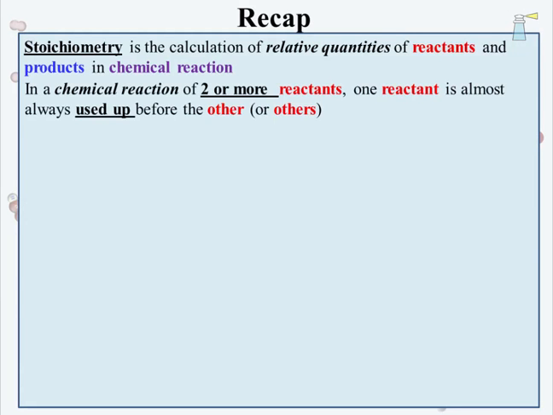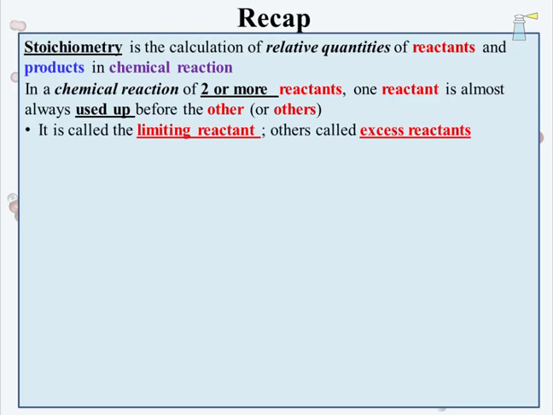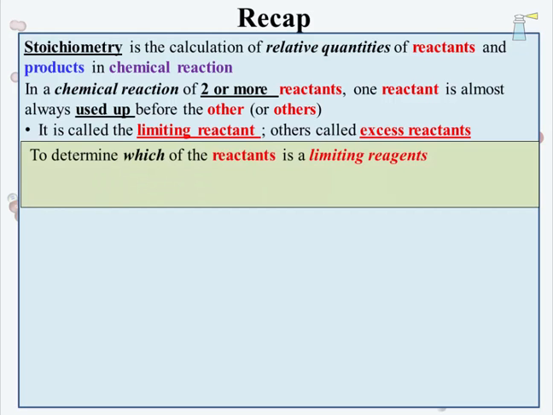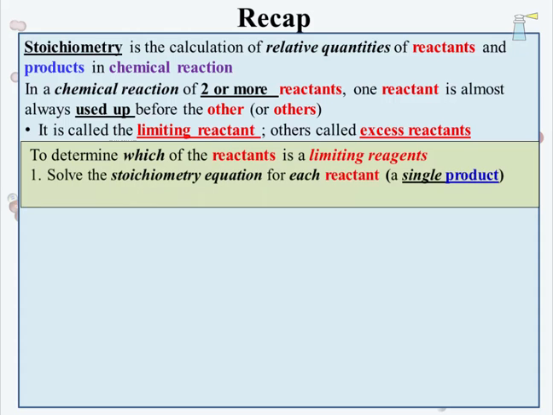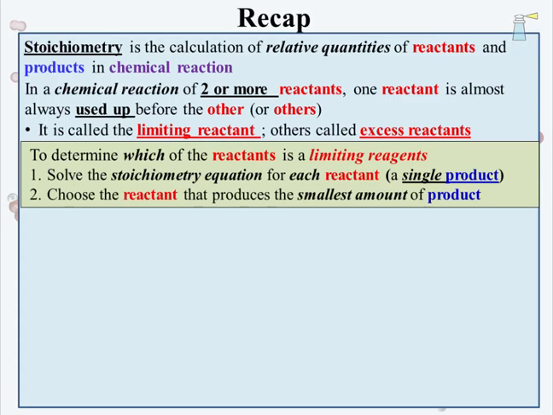In a chemical reaction of 2 or more reactants, one reactant is almost always used up before the other or others. That reactant is called the limiting reactant. The other reactants are called the excess reactants. The process to determine which of the reactants is the limited reactant starts by solving the stoichiometry equation for each reactant using a single product. To get the limited reactant, choose the reactant that produces the smallest amount of product.